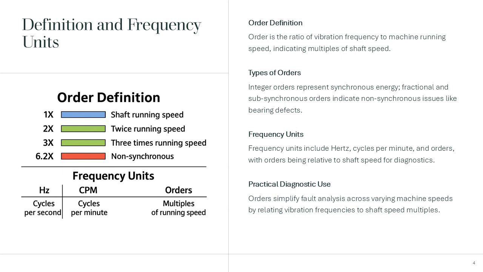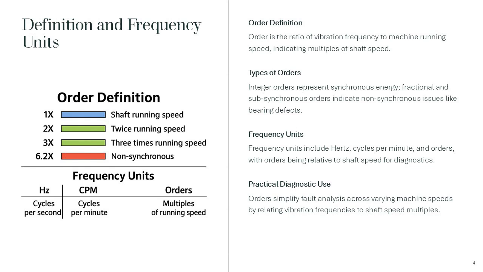Frequency can be expressed in three units: Hz, cycles per minute (CPM), and orders. While Hz and CPM are absolute measures, orders are relative to shaft speed, making them more practical for diagnostic purposes.